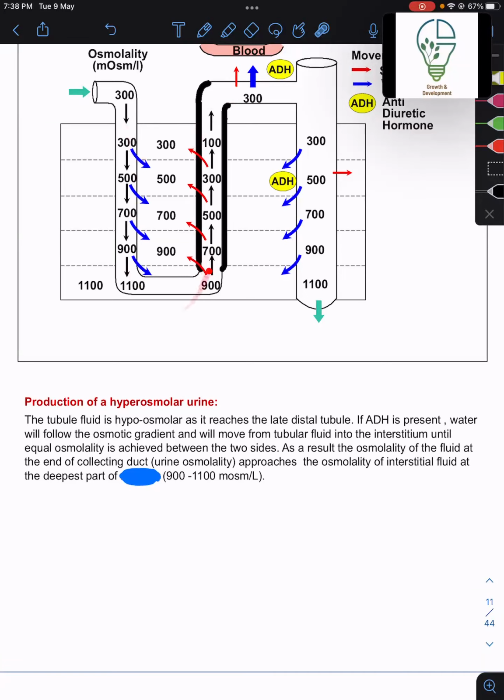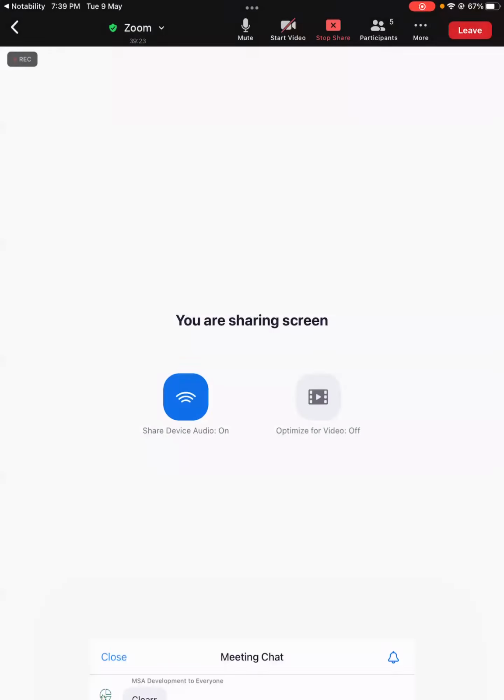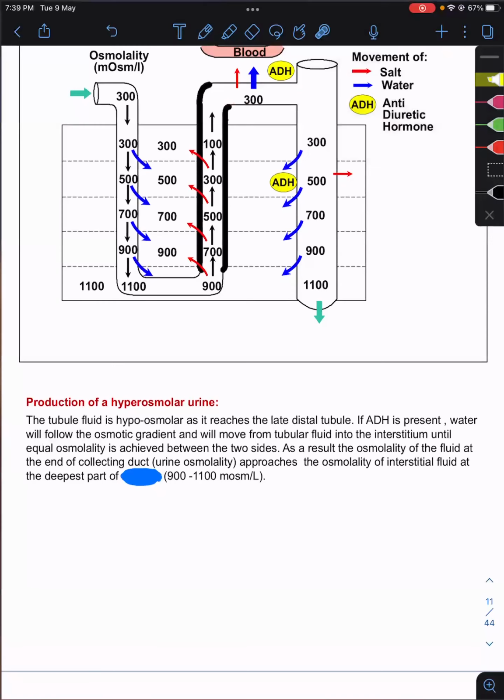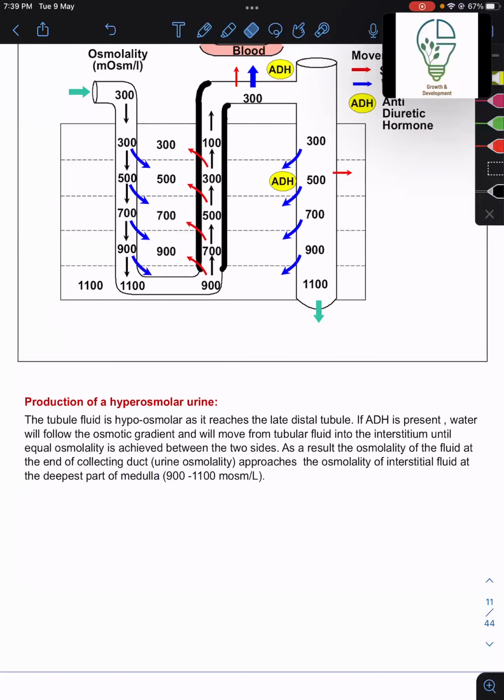How would you describe this portion? Medulla. Well, you guys have a lecture and you guys are just cheating or something, but you guys are right. So all they're saying is that the concentration at the end of the collecting duct is about the same as the medulla part over here, or the part that's sort of in between the two limbs of Henle. Okay.